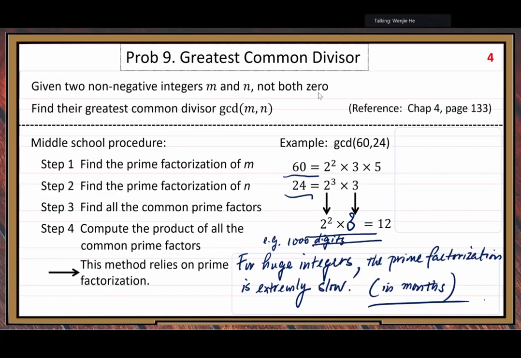All right, so then another question. Because prime factorization is extremely slow. We know a slow algorithm in general is a bad thing, right? For us computer science people, we like efficient algorithms. Nobody likes a slow algorithm.